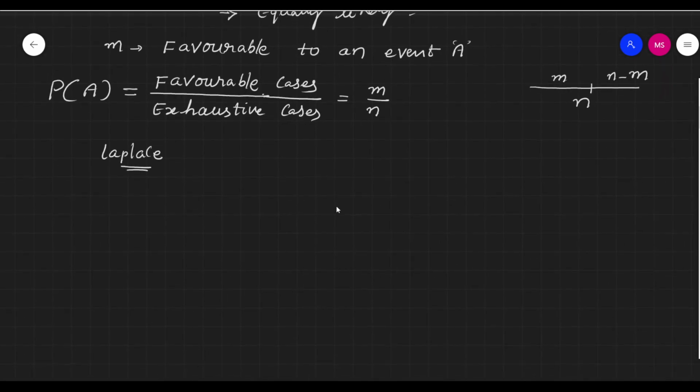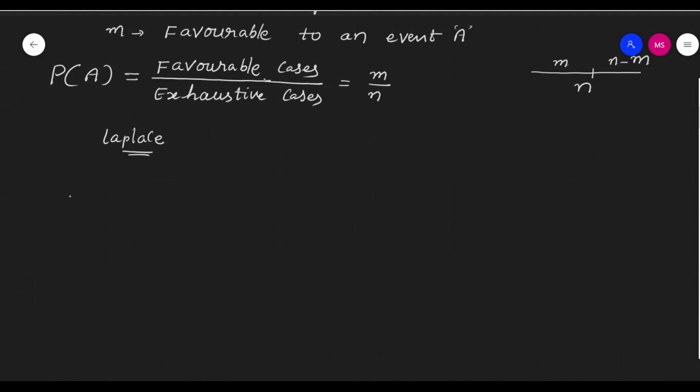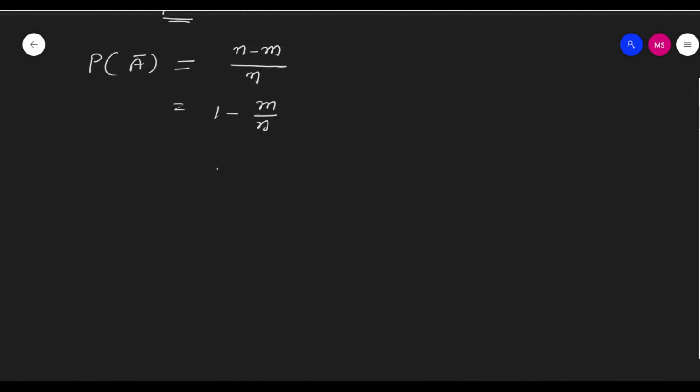The probability of non-occurrence of event A, called P of A bar, is the unfavorable cases n minus m divided by n, which equals 1 minus m by n, which is 1 minus P of A. Therefore, P of A plus P of A bar is equal to 1.